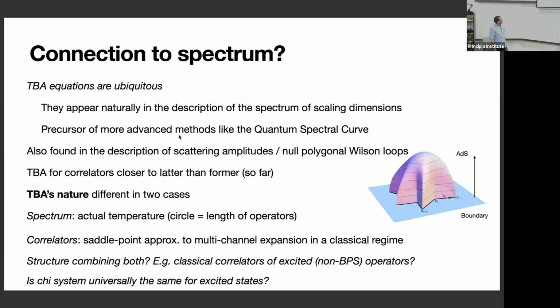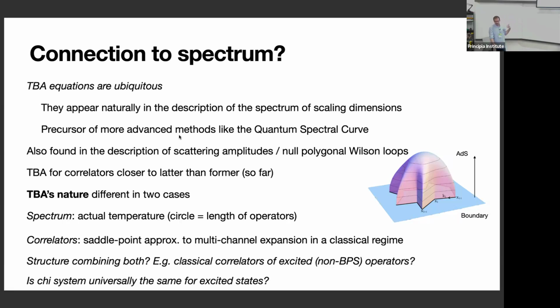In the case of correlators, or equivalently for the Wilson loop picture explored in the past, the TBA is arising more like some sort of saddle point approximation to a multi-channel expansion. So you imagine you have many sums describing all this decomposition and recombination of states across many channels, and in some limits this is exponentiating and controlled by some sort of saddle point.